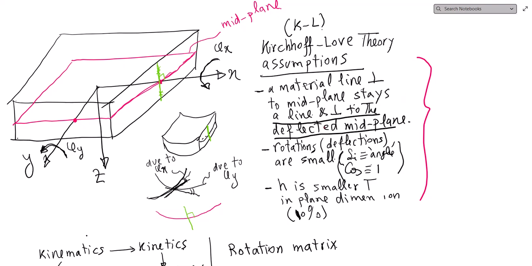And specifically, the midplane remaining normal to the deflected, this normal line to the midplane remains normal after deflection also. Maybe this is too much of a constraint. So that is the source of going from this theory to another higher level theory, shall we say, or higher order theory, which is the basis for another video. I will not go to that, and that would be kind of mid-lane beam theory.